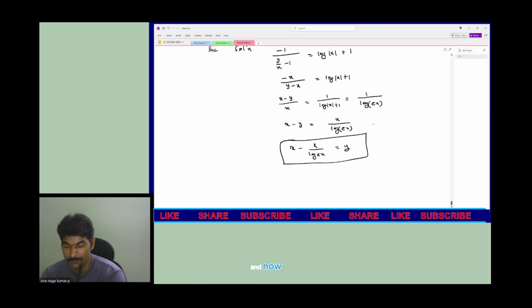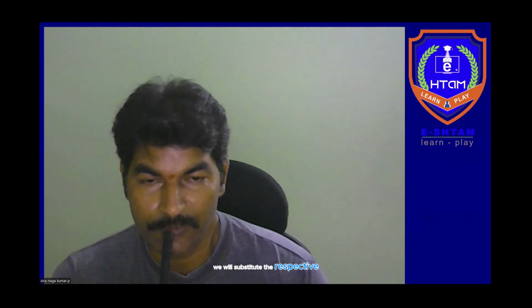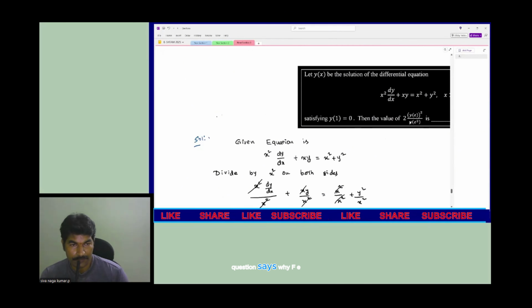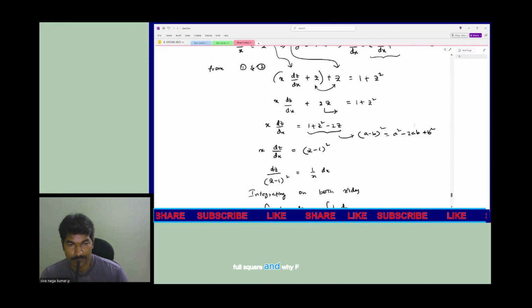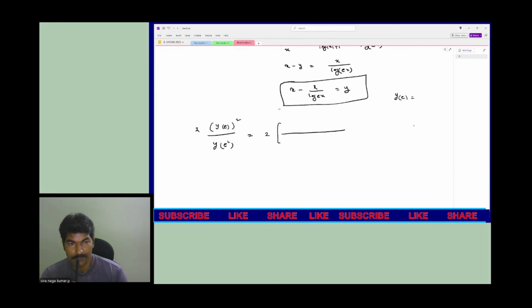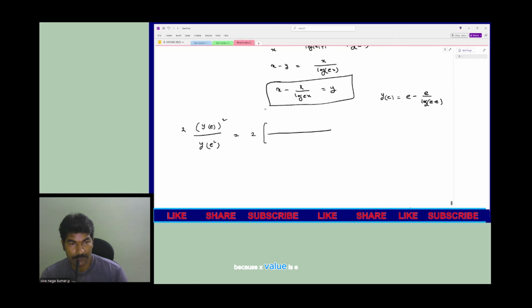Now we will substitute the respective values from the question. You can see the question says y of e whole square and y of e square. 2 times y of e whole square divided by y of e square is required. So for y of e, the x value is e. So e minus e by log e into e, because the x value is e.